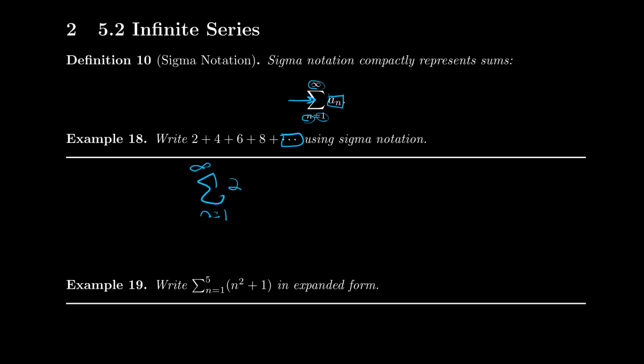So 2n. That will give me exactly 2 times 1, that's the first term, and then 2 times 2, the next term, and then 2 times 3, the next term, and then we keep going on forever. And so that is, of course, exactly 2 plus 4 plus 6 plus so on and so forth. So that's how that works.